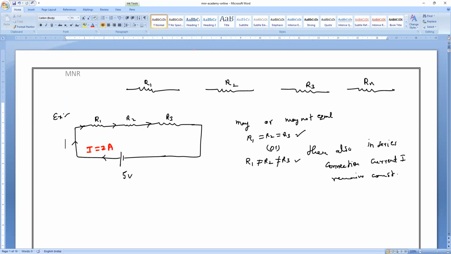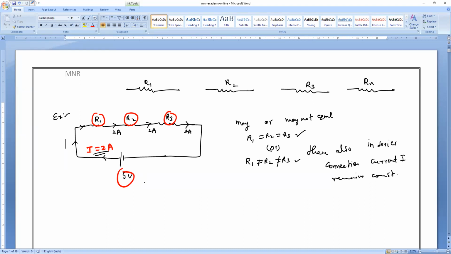So 5 volts potential difference and R1, R2, R3 resistors are connected in series. Across R1 also 2 ampere, across R2 also 2 ampere, across R3 also 2 ampere, remains same.